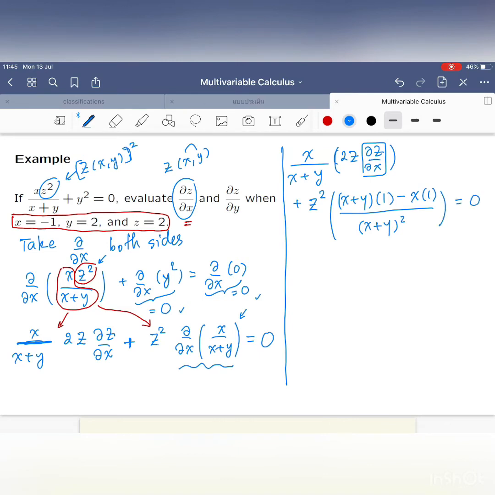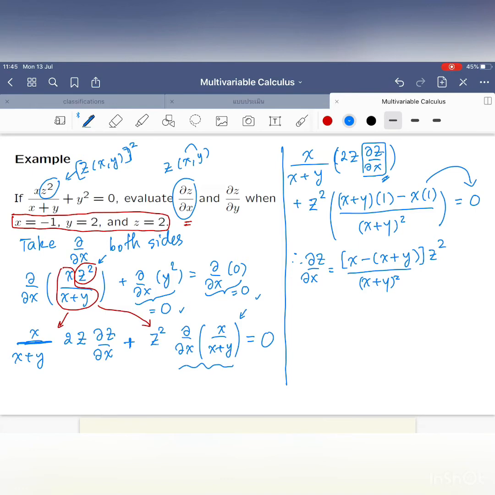So if you need to solve for this one in general, then you know that your dz by dx, you simply move it to the right hand side. So we have x minus x plus y over x plus y square and multiply by z square.